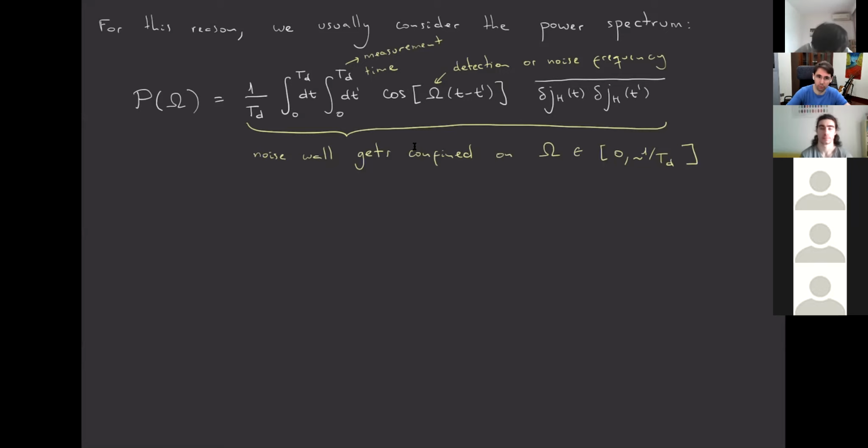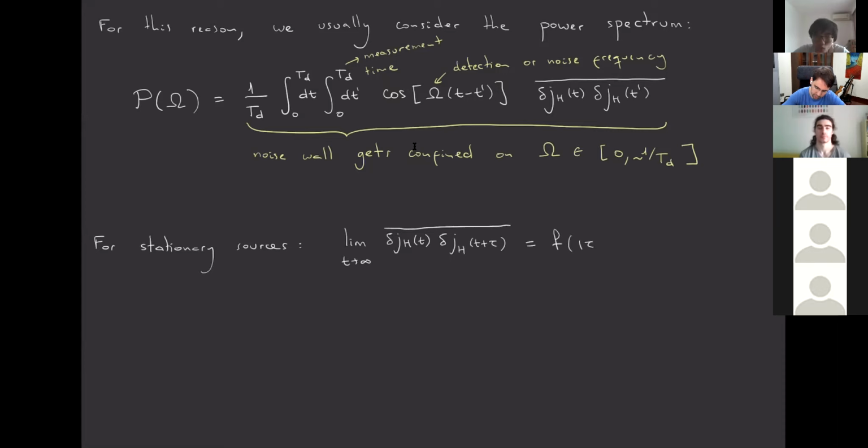And as I was telling you, if we have stationary sources, what characterizes a stationary source is that this kind of two-time correlation function, as we have, I don't know if we have seen an example, but certainly we saw some examples with the G2 function, whenever your source is stationary, usually depends only on the absolute value of the time difference.